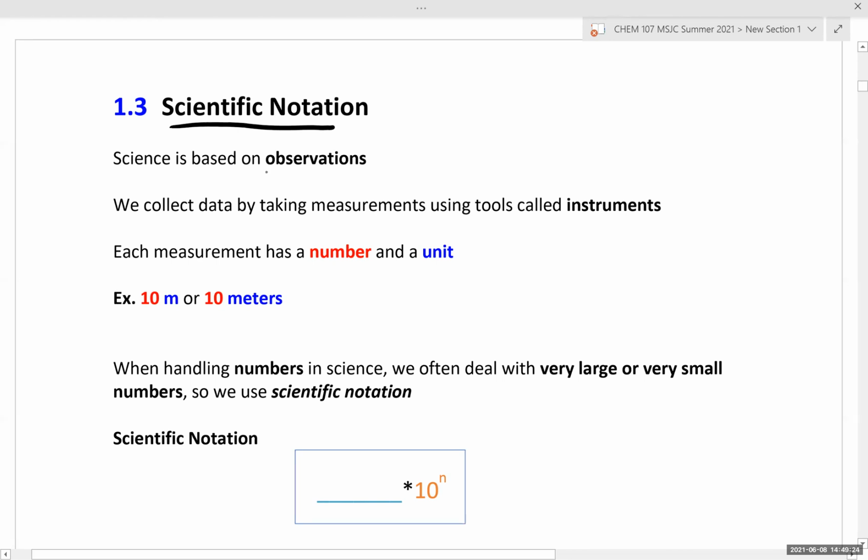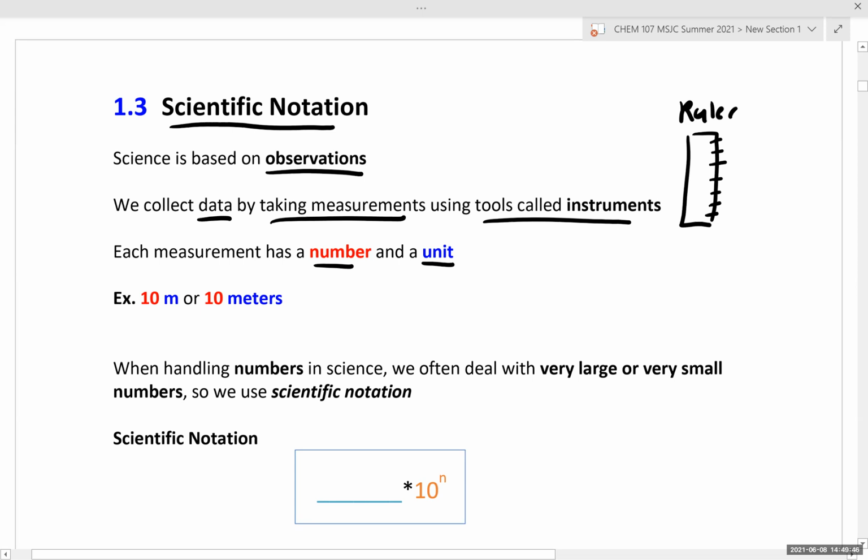So we know science is based on observations, and one way that we take observations is by collecting data, by taking measurements, using tools called instruments. A classic example of an instrument would be a ruler, for example. Now, each measurement has a number and a unit. So we'd have 10 meters.